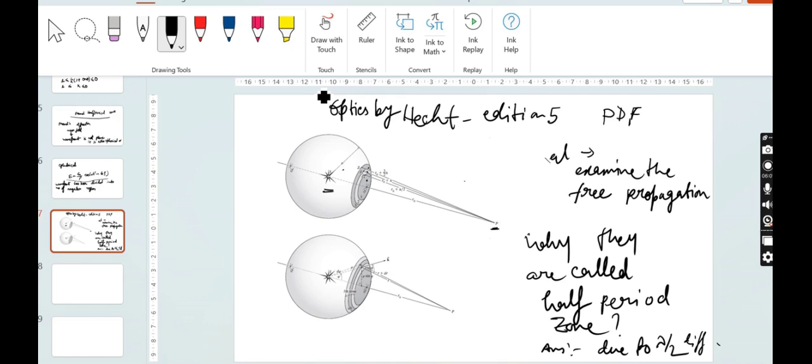Now we move to this picture. Here at all the points we assume a differential elementary area, which is ds. You can assume this zone, this part is the ds. All the point sources within ds are coherent.